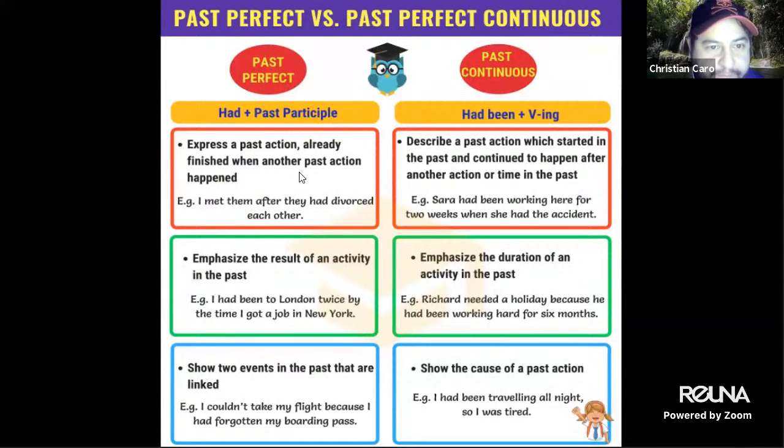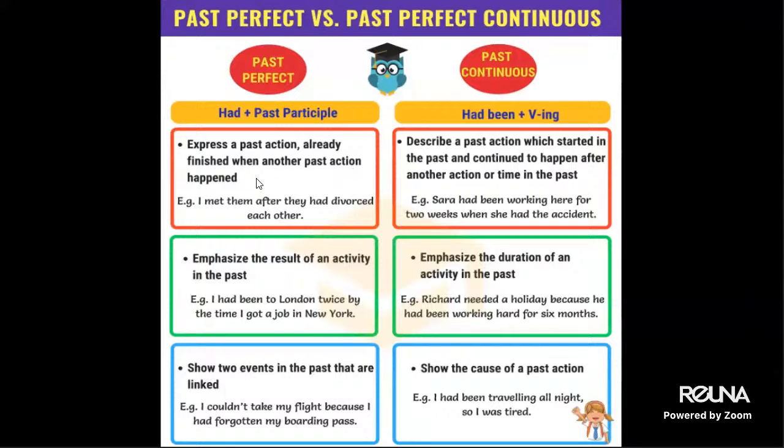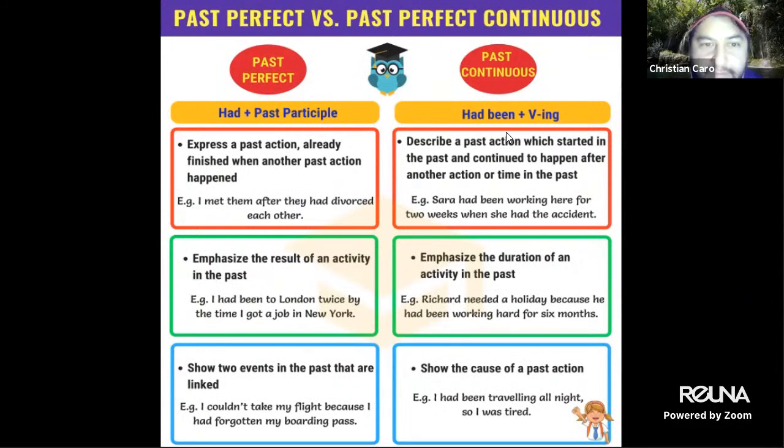For example, we use past perfect simple to express a past action already finished when another past action happened, versus describe a past action which started in the past and continued to happen after another action or time in the past. So, for example, I met them after they had divorced each other because something happened, like they had divorced, but after that, I met them, right? After that happened.